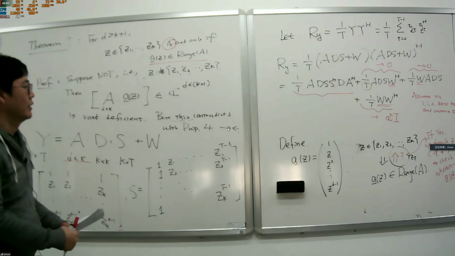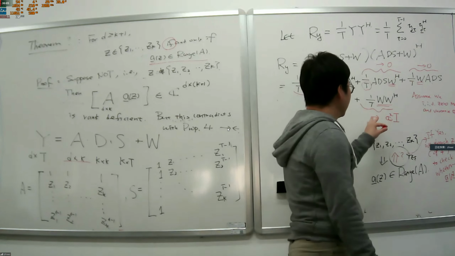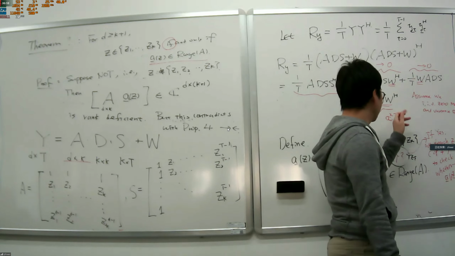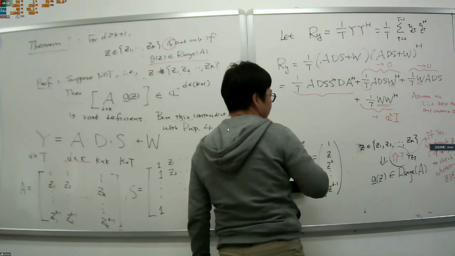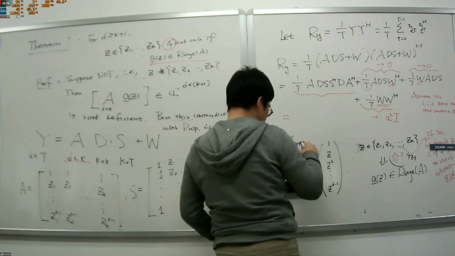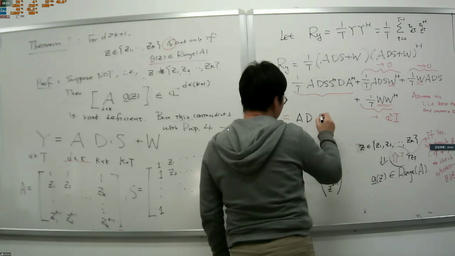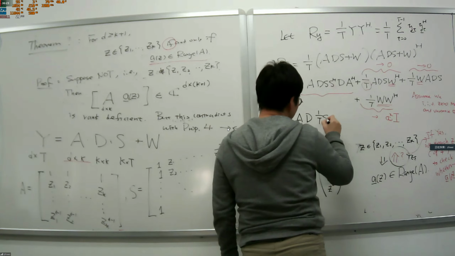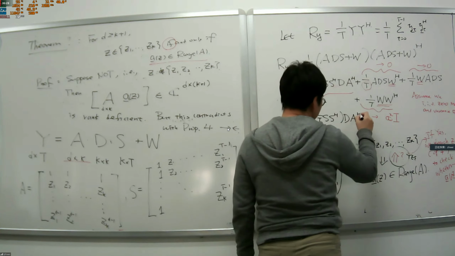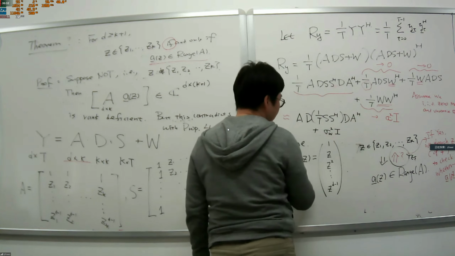So either if the noise power is small, then you can ignore this one, or if T is sufficiently large, then this will get close to 0, and this will get close to an identity. So we can approximate this by A D (1 over T) S S Hermitian D A Hermitian plus sigma identity.